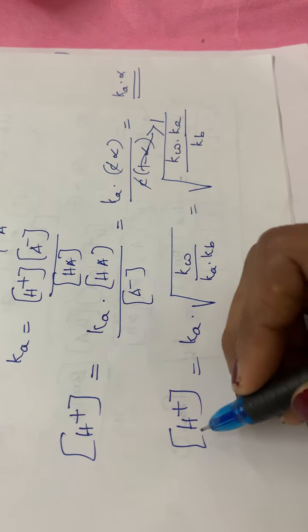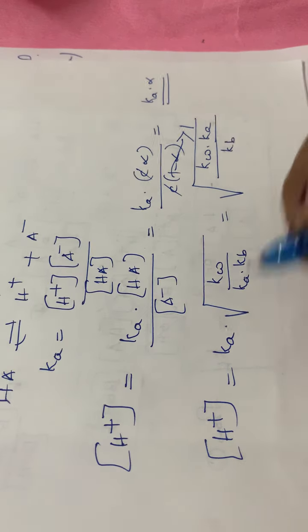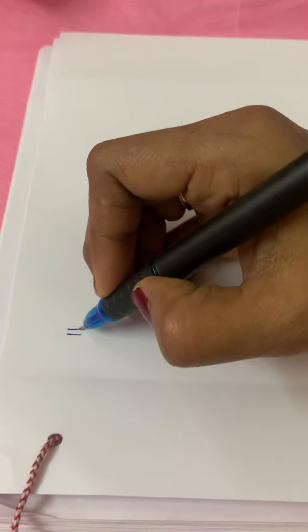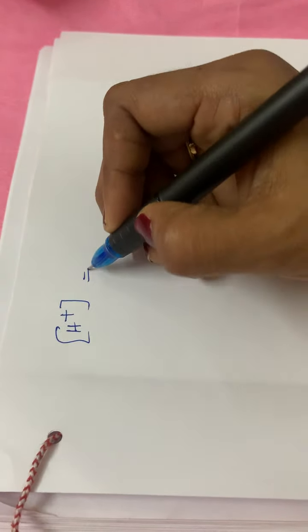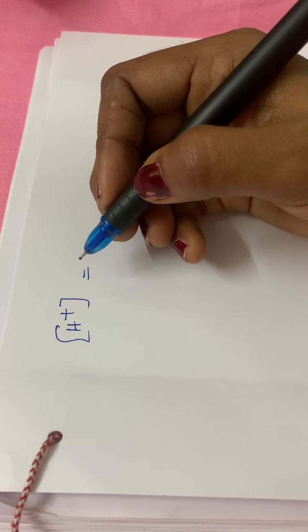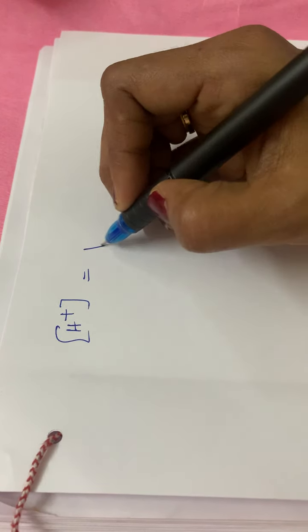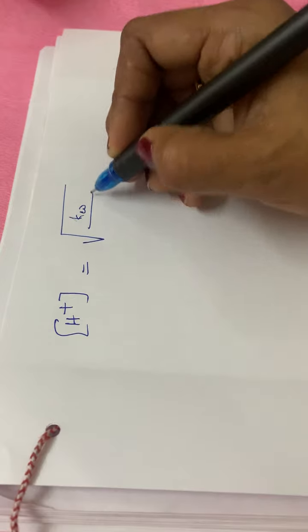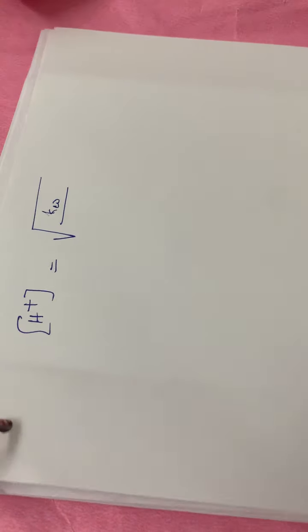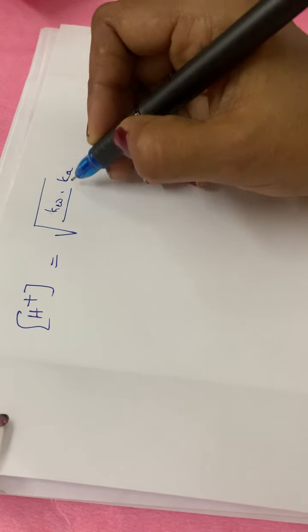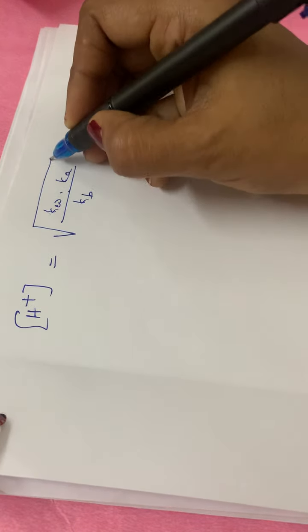Then you have to convert it into the form of pH. Okay, so I'll be writing the equation once again. H plus ion concentration is equal to square root of Kw into Ka divided by Kb, isn't it?